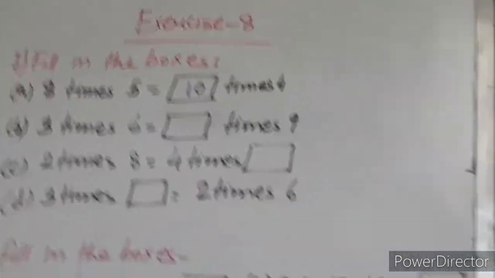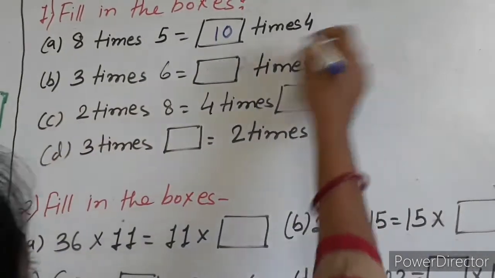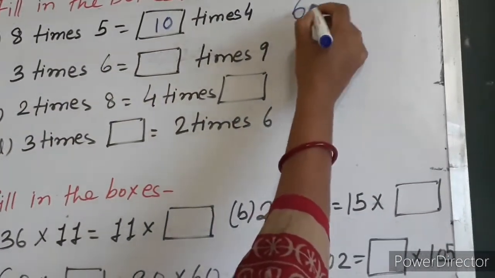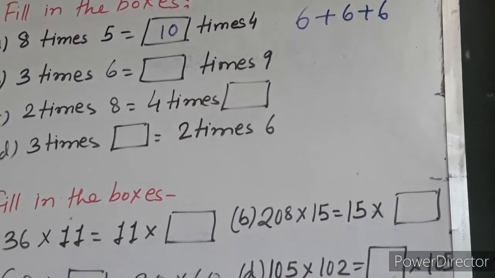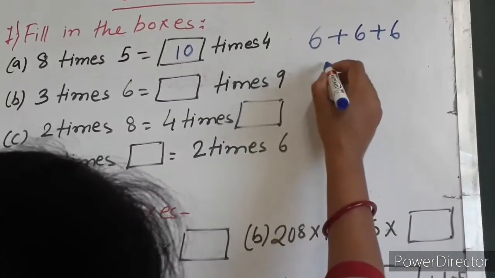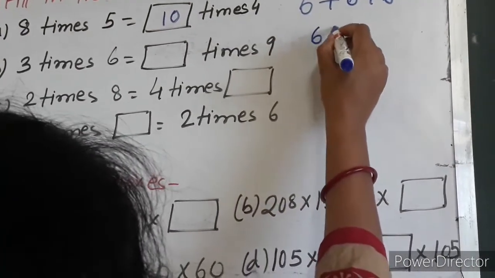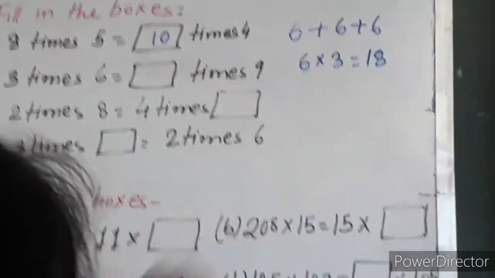3 times 6 equal to dash times 3. The same way we have to write 3 times 6. 6 into 3 is 18.